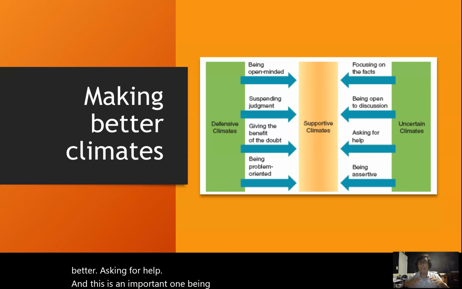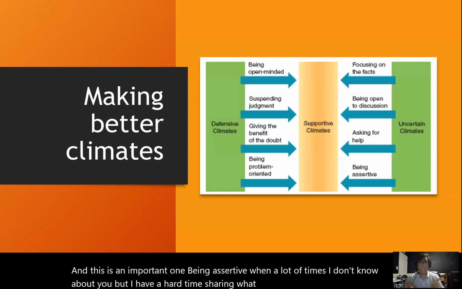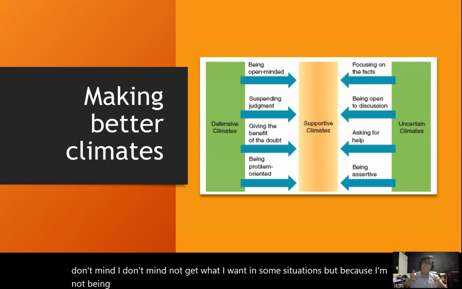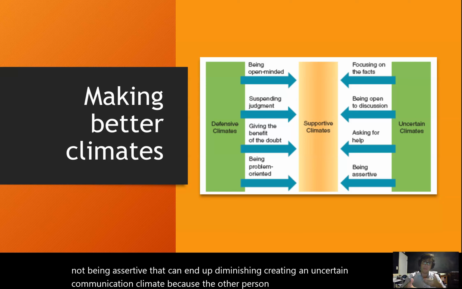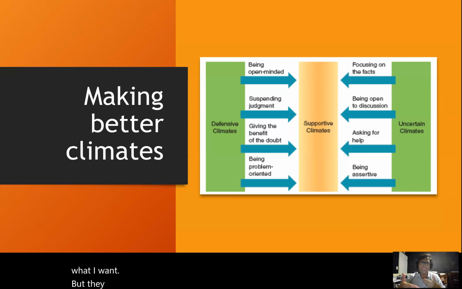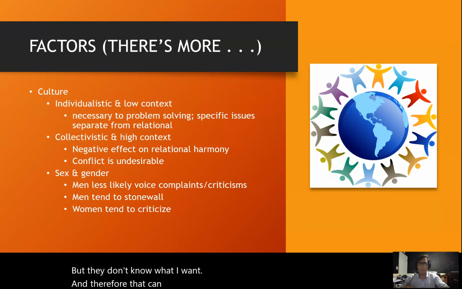A lot of times, I don't know about you, but I have a hard time sharing what I want from a situation because I don't mind not getting what I want in some situations. But because I'm not being assertive, that can end up creating an uncertain communication climate because the other person may want to give me some of what I want, but they don't know what I want. And therefore, that can create a conflict.